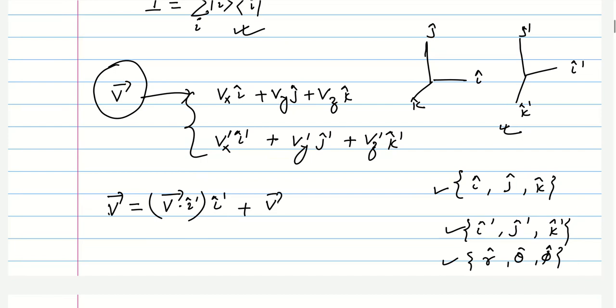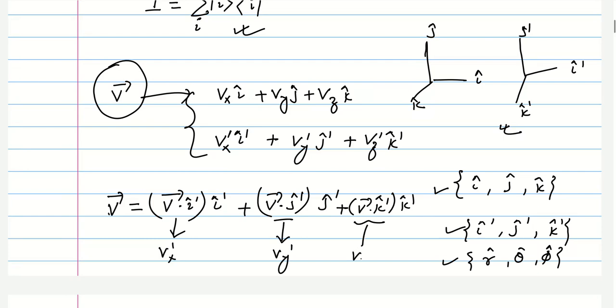Then to get the j component, you will take the dot product of this vector with j prime and multiply with j prime, then k prime. This is how you do it. This one is going to be vx prime, this one vy prime, and this one vz prime.